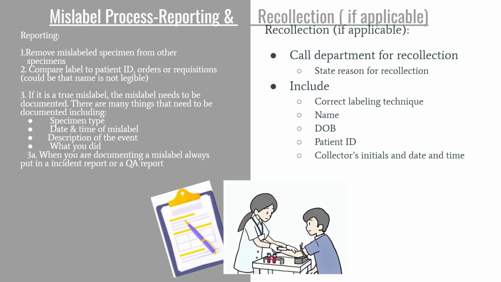And if you need to recollect it, call the department, like the emergency room or any hospital department, and tell them why it needs to be recollected, and then tell them that it needs to be the correct labeling technique.